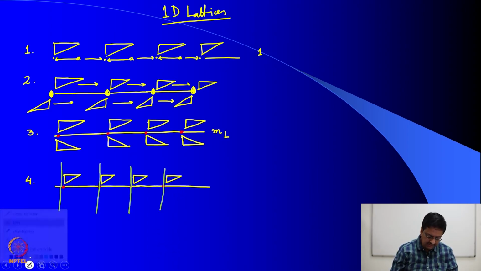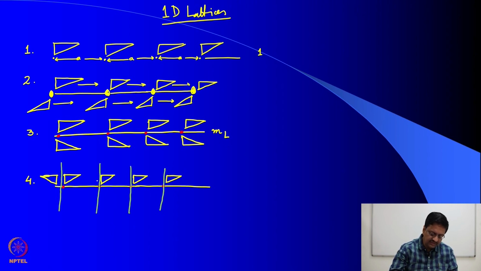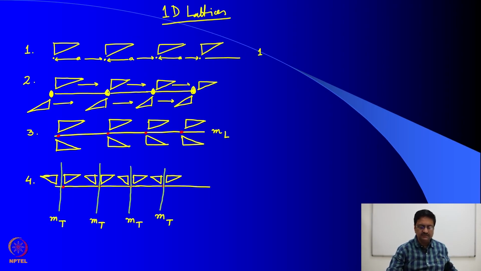So the mirror image of this object should appear here. This mirror is called the transverse mirror or MT. So this is the fourth type of lattice that one can think of in one-dimensional symmetry.